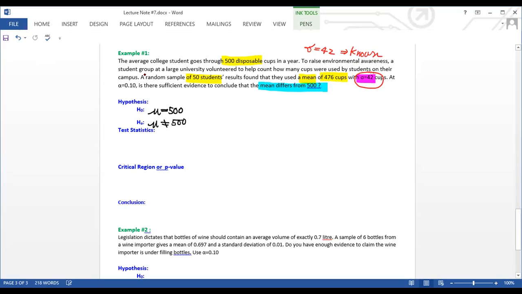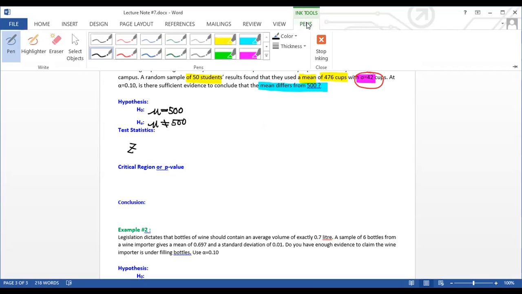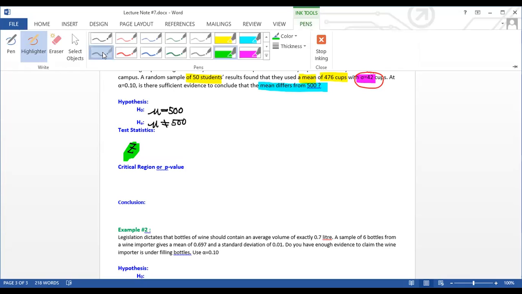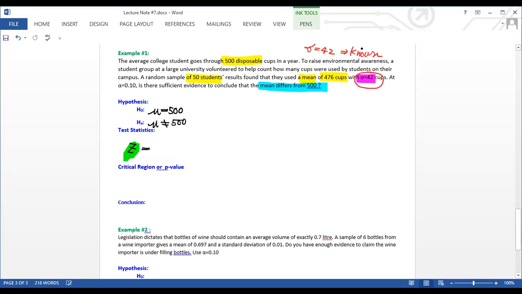It's a given. So what test am I using? I'm using the z-test, right? The reason is because the population sigma is given, it's known, okay? So now I can use my z-test.